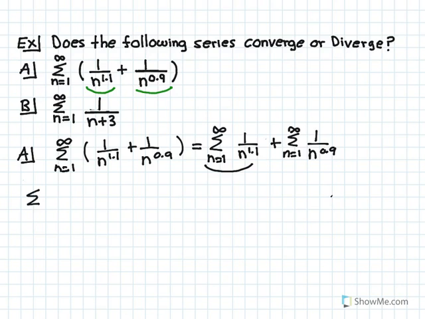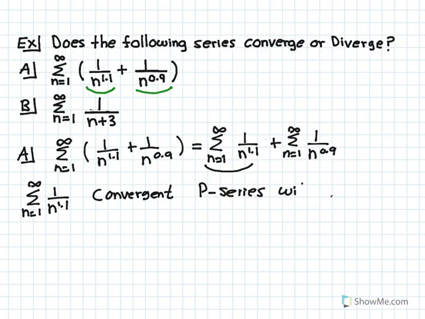The first series on the left, summation 1 over n to the 1.1, n equals 1 to infinity, is a convergent p-series. Why is it convergent? Because p is equal to 1.1, greater than 1.